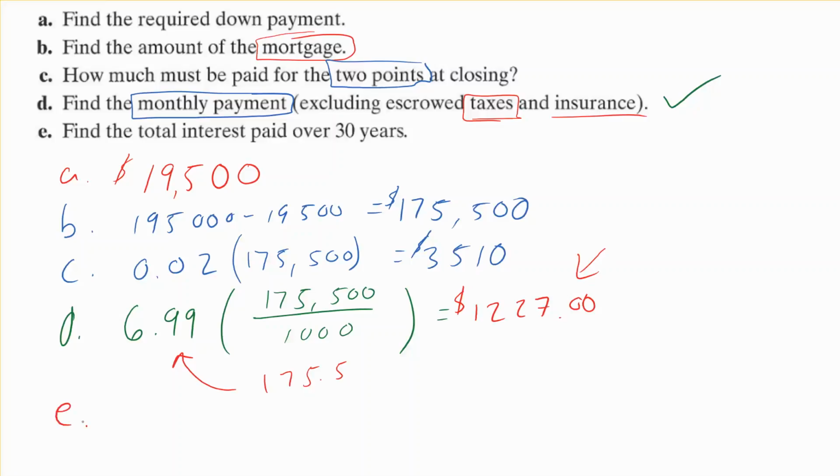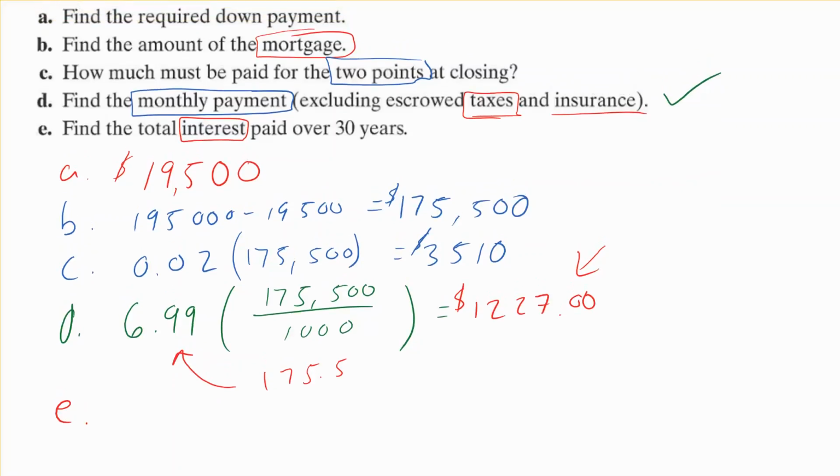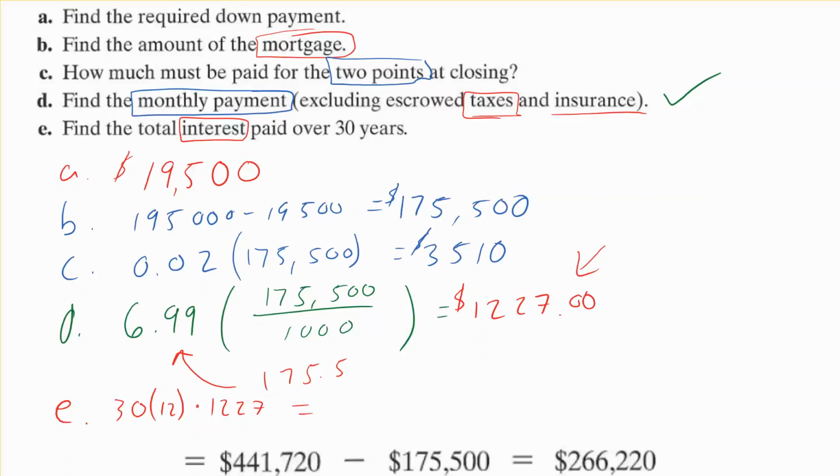And then finally, E, how much interest are we actually going to pay over 30 years? So that's kind of like the problems we've done before. If we're going for 30 years, which is 30 times 12 months, times $1,227 per month, that's going to tell me how much money I've paid. And that's where these numbers come from.